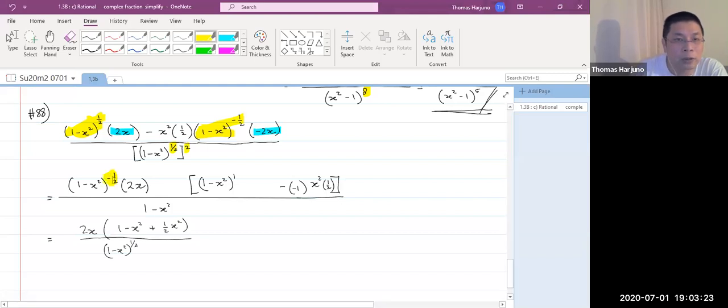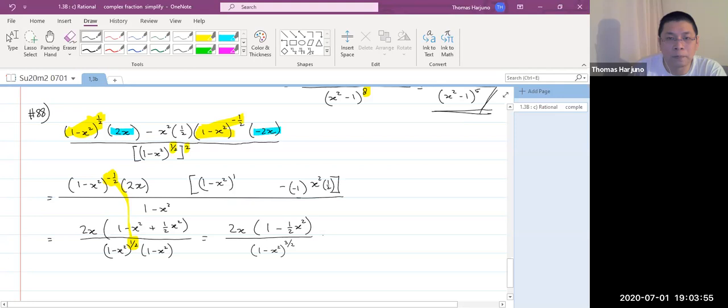This guy, positive on the numerator, becomes negative on the denominator, times 1 minus x squared. Okay, so I get 2x times 1 minus 1/2 x squared if I combine like terms inside. And at the bottom it becomes 1 over 1 minus x squared to the power of 3/2.